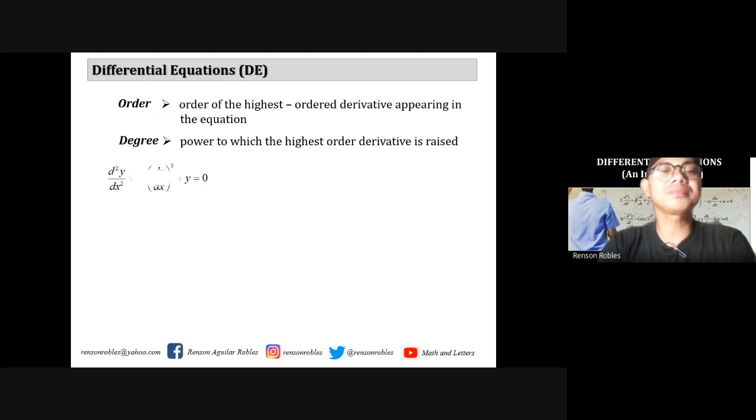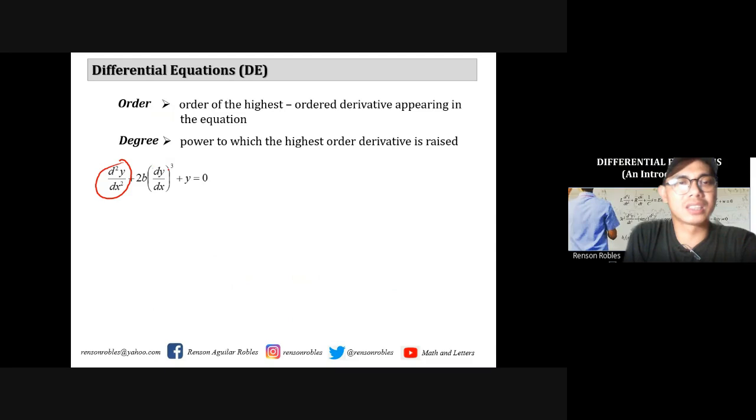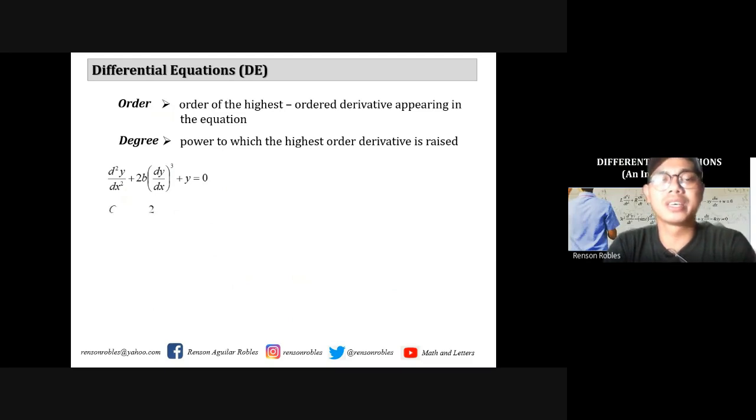Let's examine this differential equation. You have here the presence of the second derivative of y with respect to x and dy dx, the first derivative. Clearly, the order of this differential equation is 2, since the highest derivative is second order.